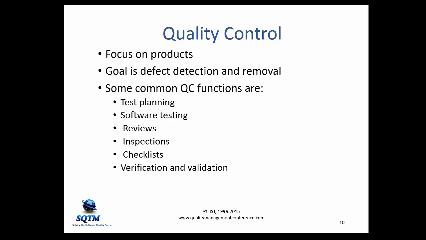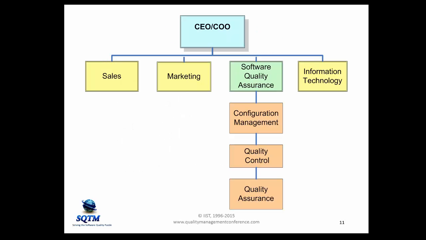So where we're now calling testing quality assurance, it should truly be called quality control. So here's quality assurance. Well, if quality assurance that we're calling now is really quality control or testing, what's part of the quality assurance function in this software quality assurance organization?